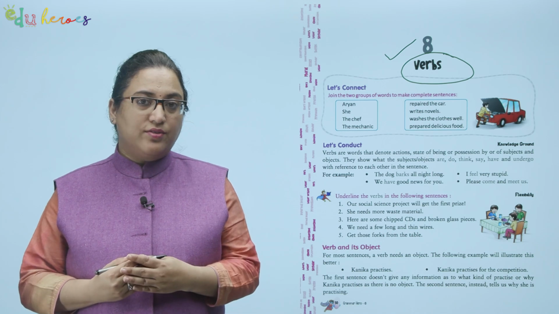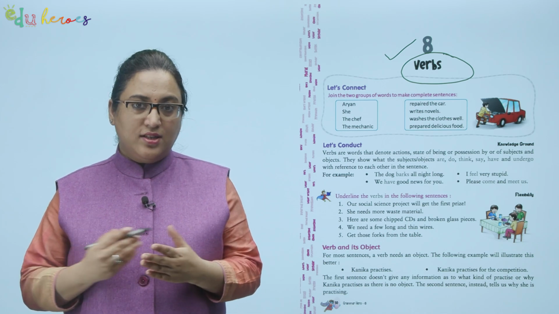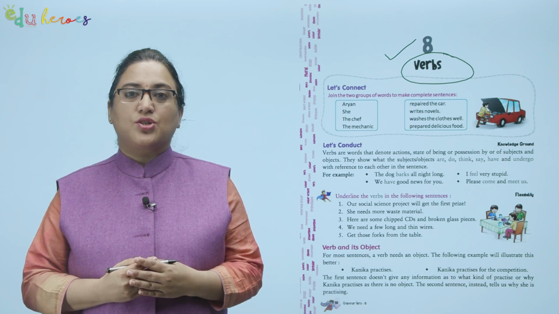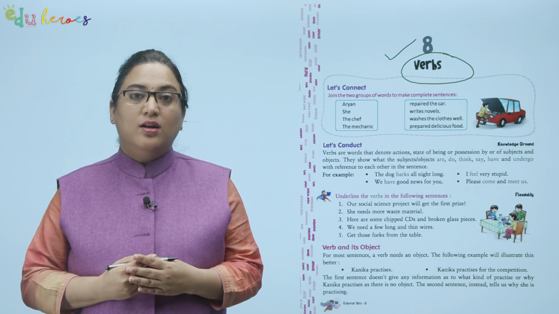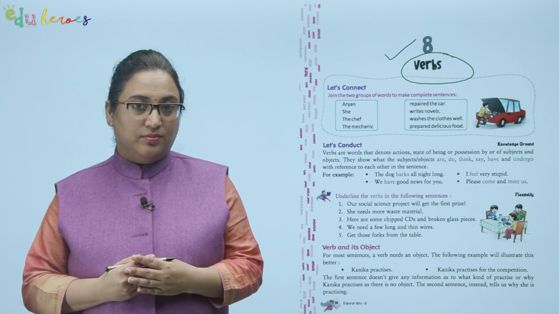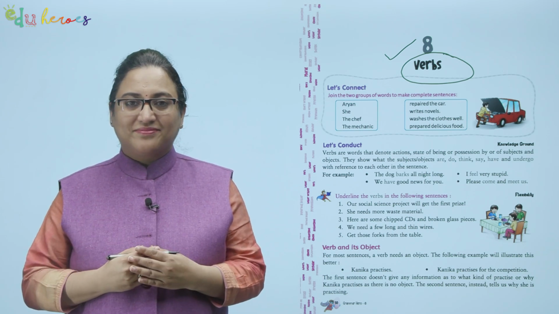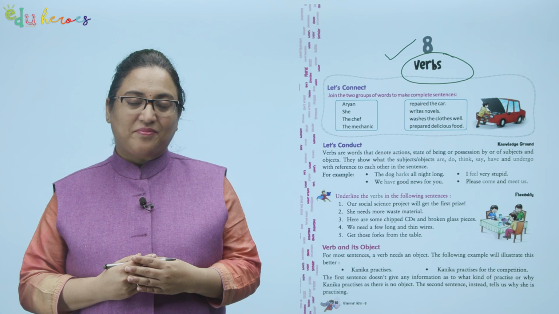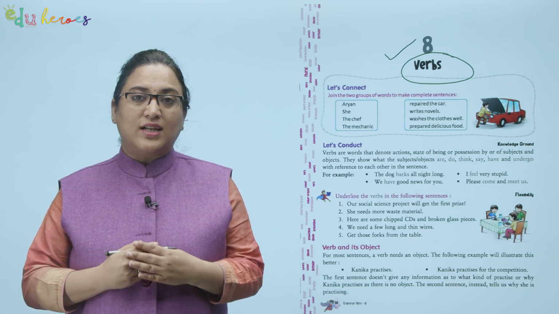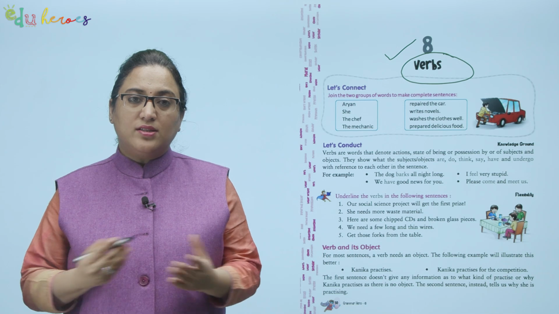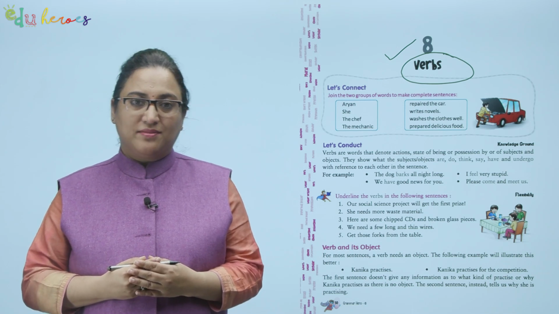While in the other box we have short phrases like repaired the car, writes novels, washes the clothes well, prepared delicious food. Did you notice any action words here? Try to join them. So now we will study further about verbs and various things related to verbs.